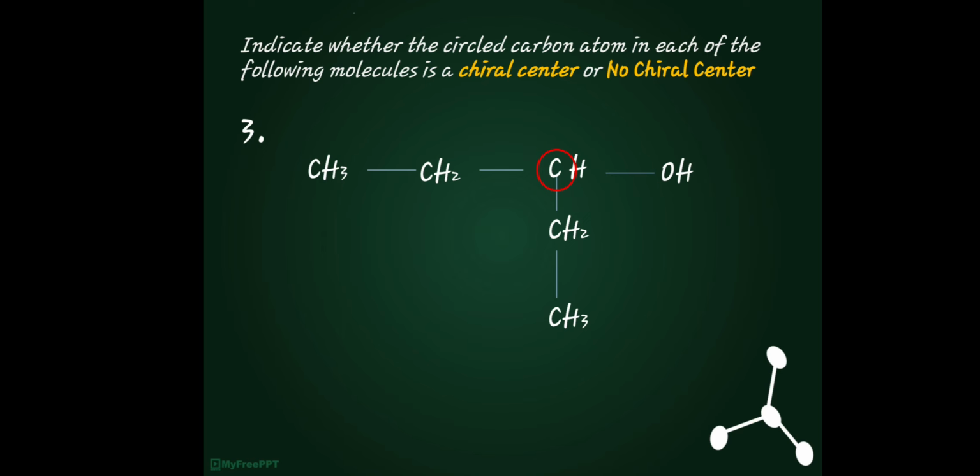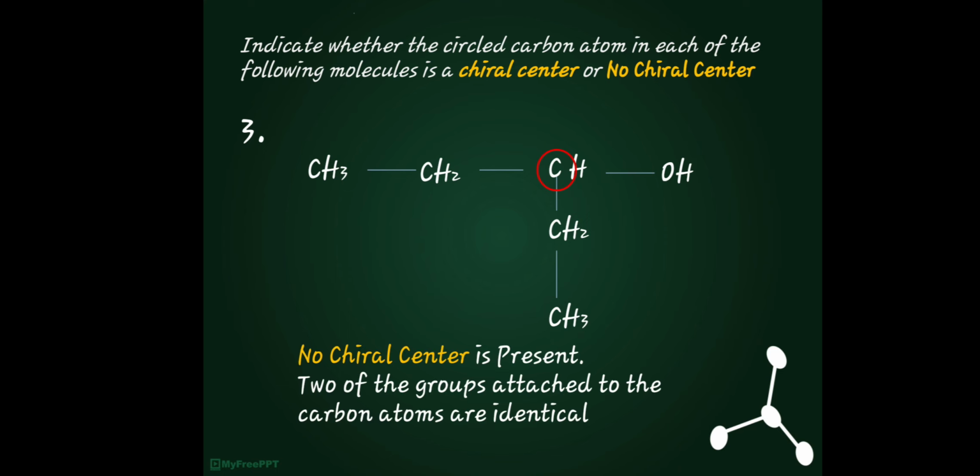So, again, let's try to answer also number 3. From looking at that structural formula, you can eventually answer that this formula is a no chiral center. Why? Because 2 of the groups attached to the carbon atom are identical. Tama, may dalawang identical dito. Ano yon? The CH2 and the CH3. As I've said, a structural formula possesses a chiral center if it is attached to 4 different groups.